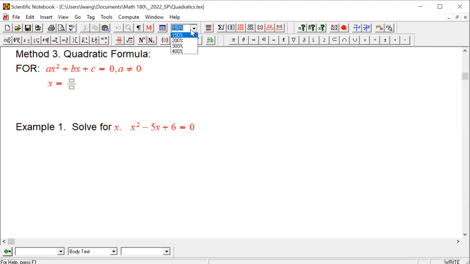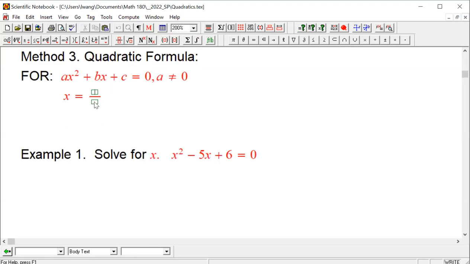This formula, I think some of you can sing a song about it, right? You can see 2 times a in the denominator. If a is 0, then it doesn't make sense, so we have to require a is not 0.